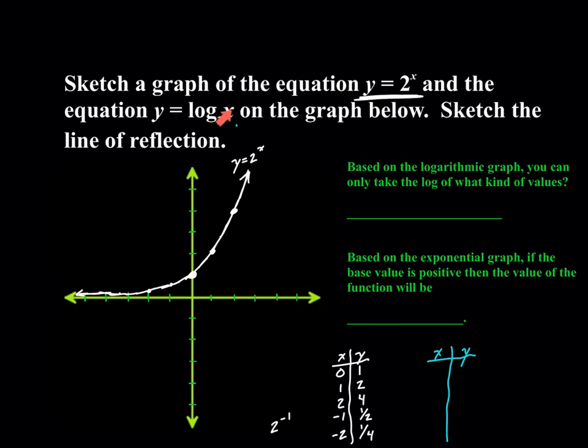0, can we use 0? Well, no, we cannot, because we cannot raise a positive 2 to a power and get 0 out of that. If we try to think about this over here, 2 raised to a power to get 0 is not going to work, because if you put a positive number in here, you're going to get a number larger than 0.